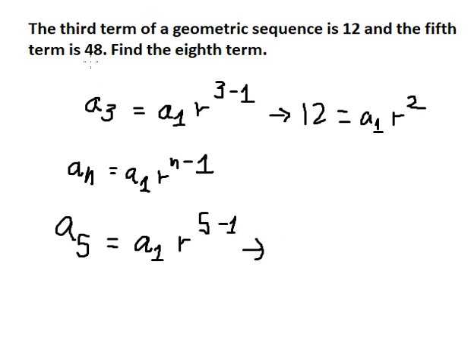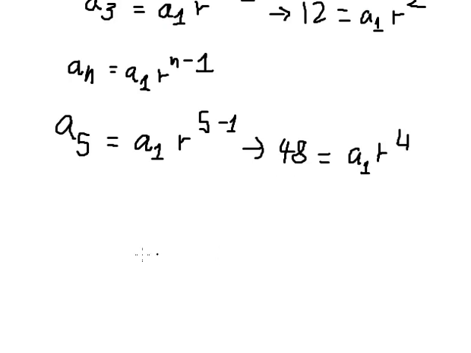So this one we have 48, a_1 r to the power of 4. So we put a_5 divided by a_3.